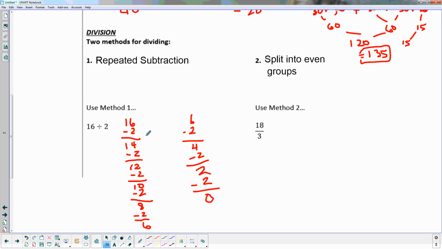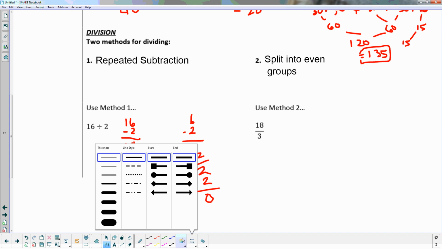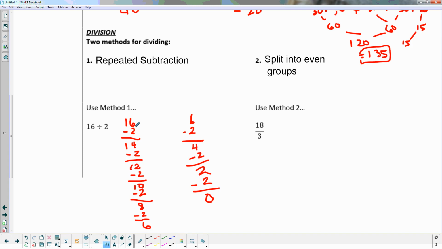So now all I have to do is count out the number of times I subtracted 2, and that's going to be my answer. So I see I've got 1, 2, 3, 4, 5, 6, 7, 8. So that's going to tell me that this is actually equal to 8.